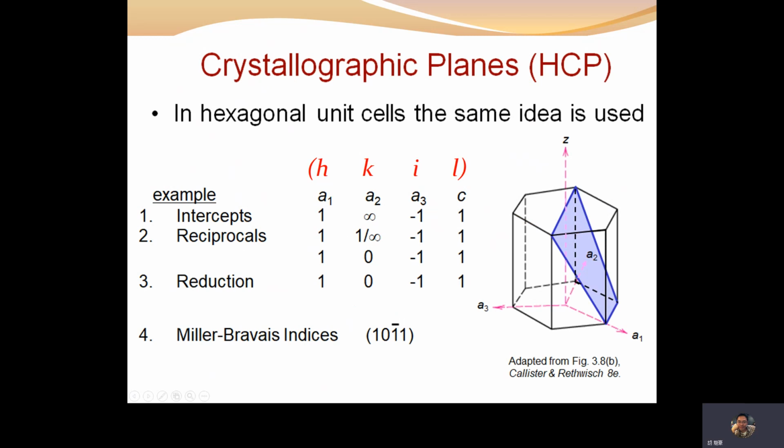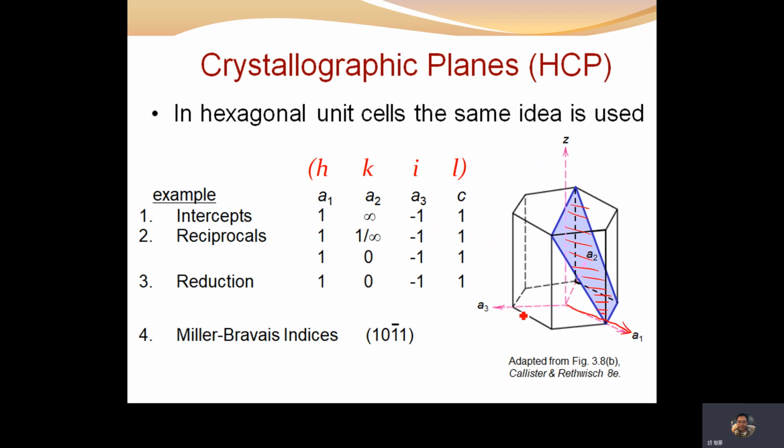Okay, so let's look at the crystallographic planes of the HCP structure. For example, you can find out this plane by using the Miller-Bravais system. First, we have to find the intercepts, the same as in the 3 index system.